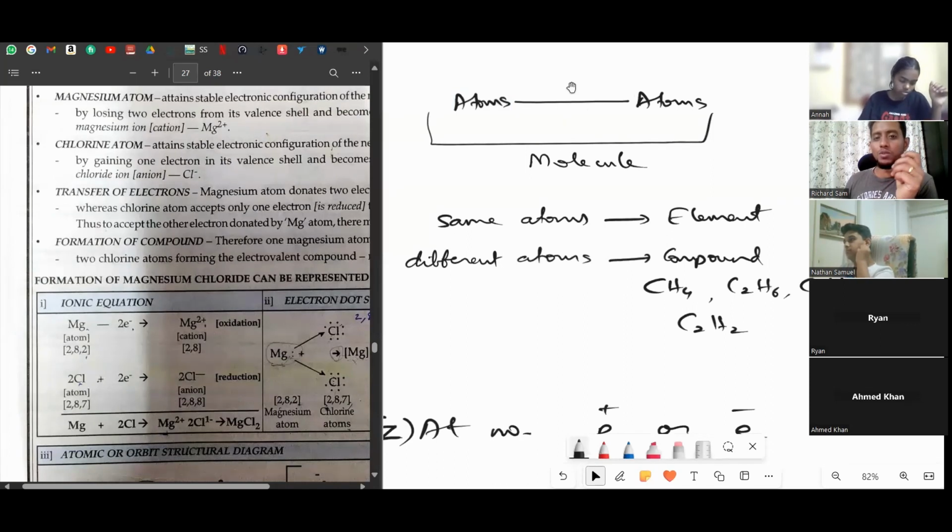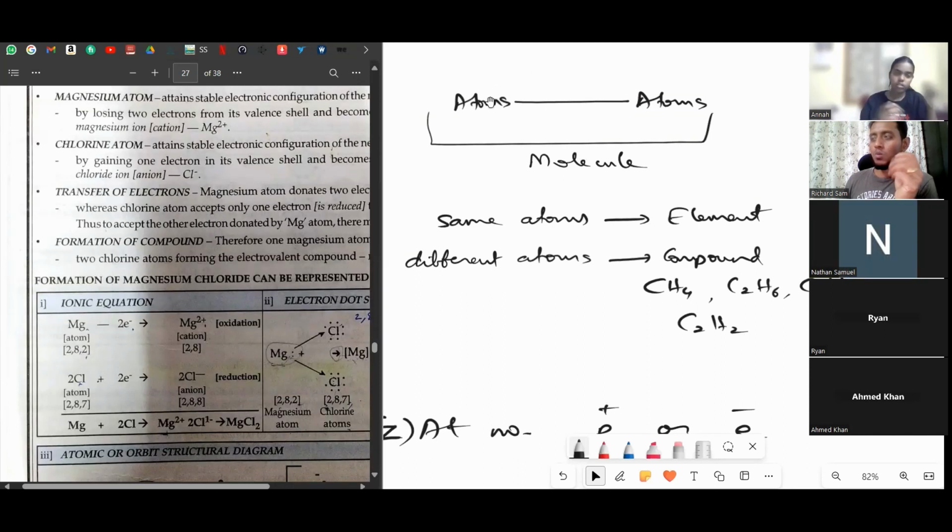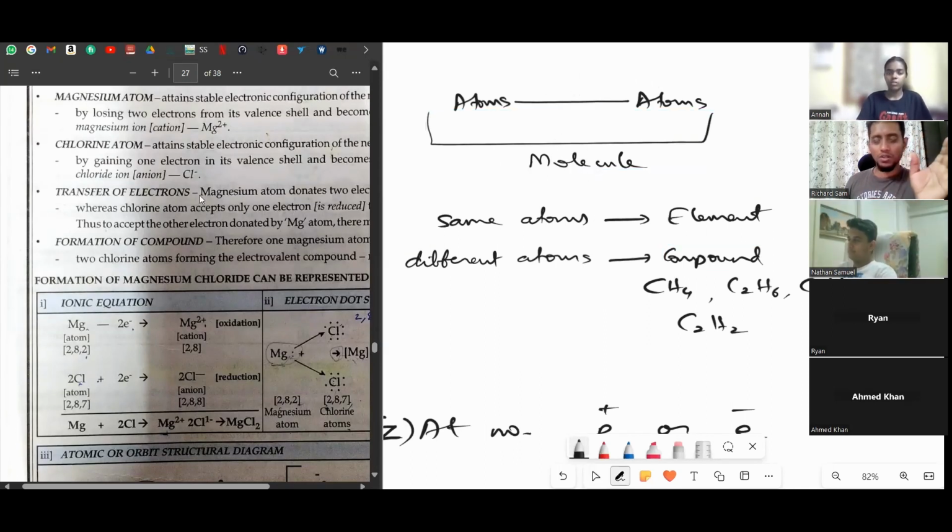For ionic compounds, what are the two atoms? One is a metal, one is a non-metal. Were they elements or compounds? They were compounds because both the atoms were different.